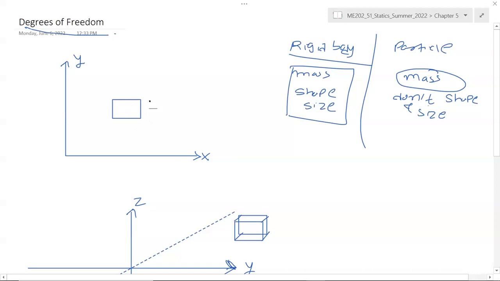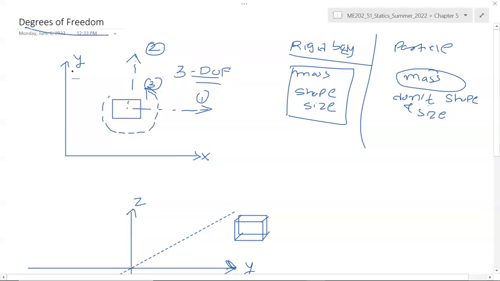When this object is completely free from all the surroundings, it can move along the x direction in a linear direction, it can move along y, or it can rotate about an axis perpendicular to the xy plane. So these three are called the 3 degrees of freedom of a two-dimensional object.